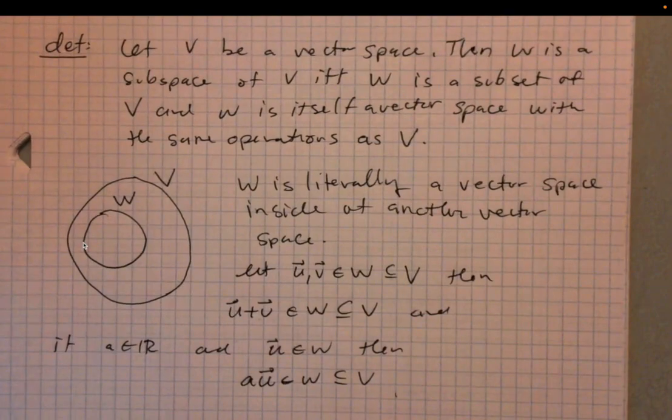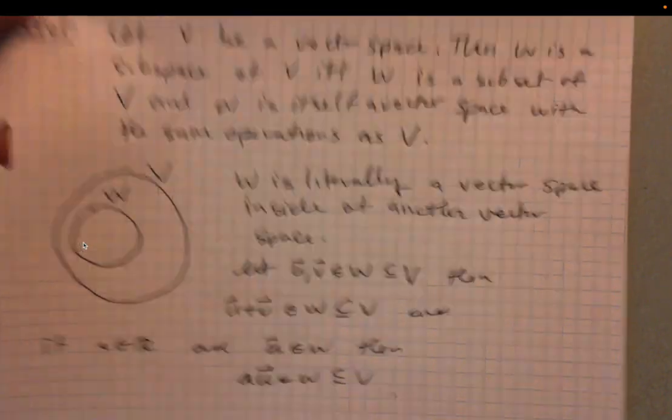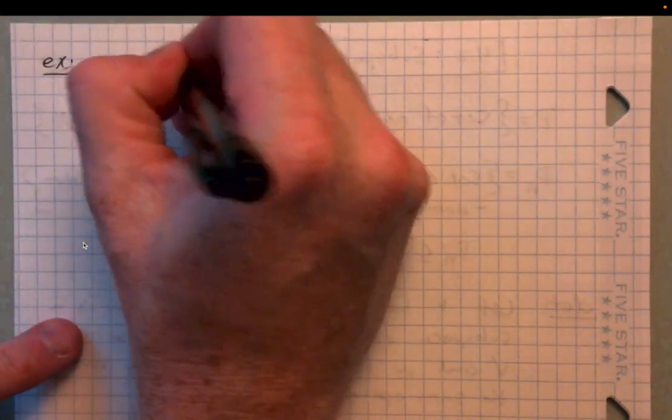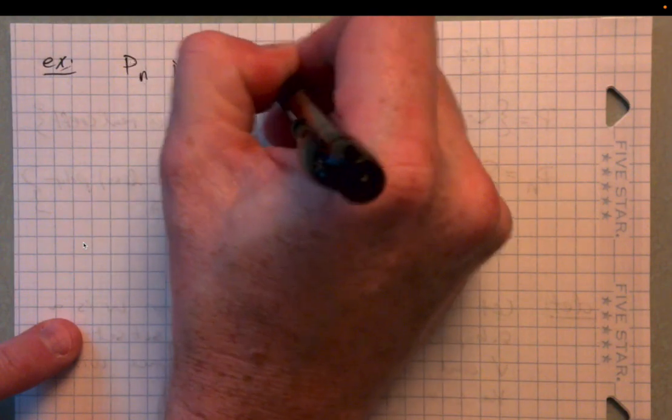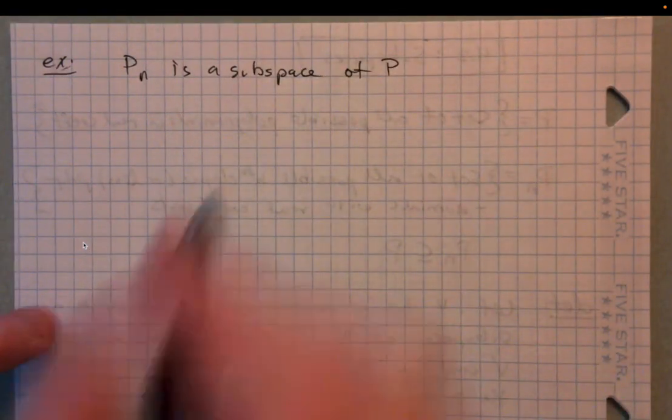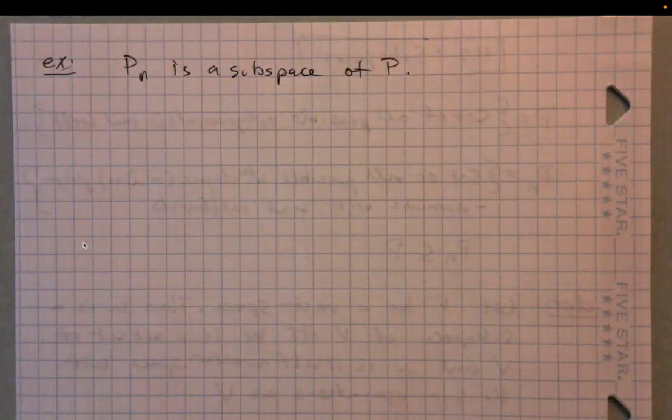Perfect. Let's do an example. Actually, let's explore this polynomial example a little further. So P sub n is a subspace of P. We already saw that P sub n is a vector space.